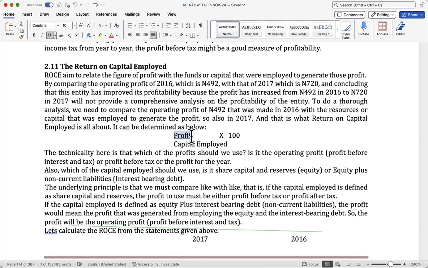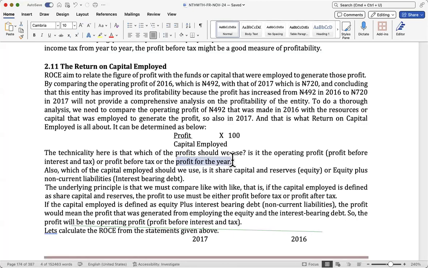And the profit that is due to shareholders alone is either your profit before tax or profit for the year, though your profit for the year is a more reliable measure since you have paid the government and paid everybody.